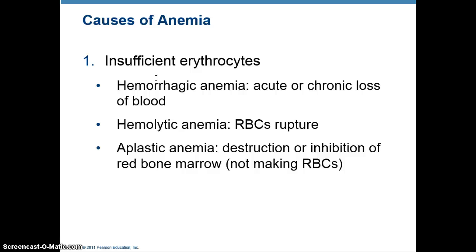You could have not enough erythrocytes, and this would be due to hemorrhage, so this would be called hemorrhagic anemia. Hemolytic anemia is when your red blood cells rupture for whatever reason. And then aplastic anemia is when you're not producing enough red blood cells. So what you want to focus on as we go through the slides are the different kinds of anemias, and not necessarily what's after the numbers. So know these three different types of anemia.